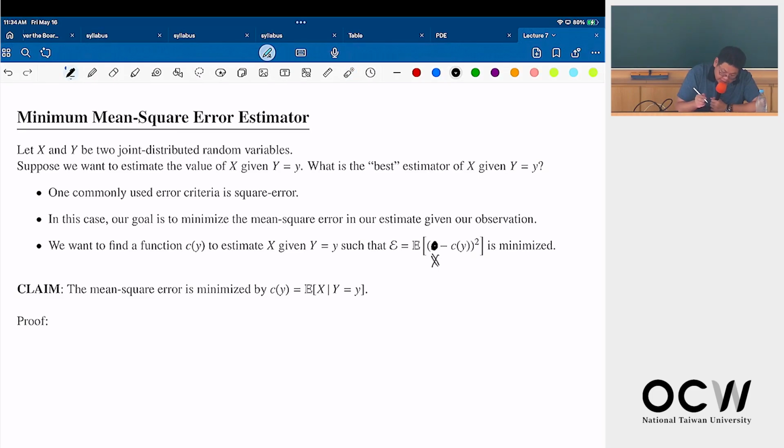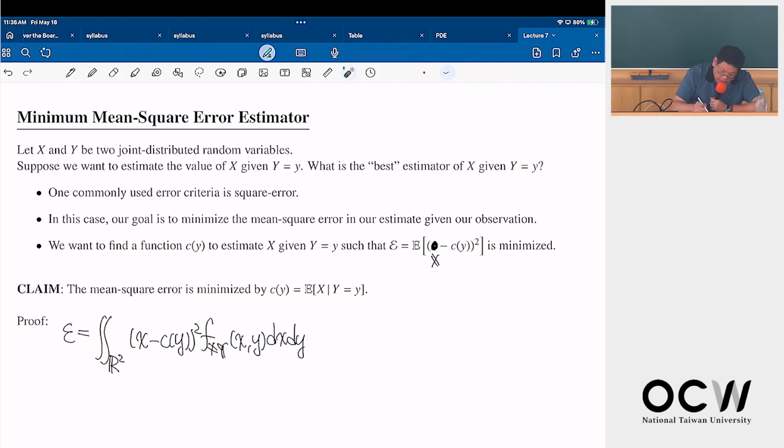Here's the proof. The error is the integral of X minus the function, squared, times their joint distribution. For dx, we have a joint distribution. We can rewrite that using the conditional PDF.